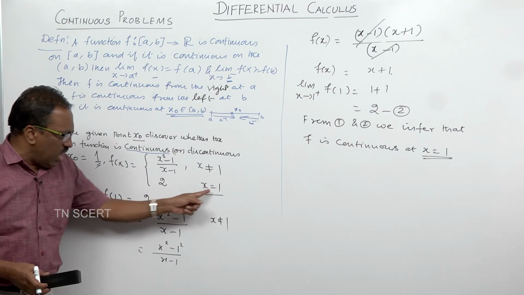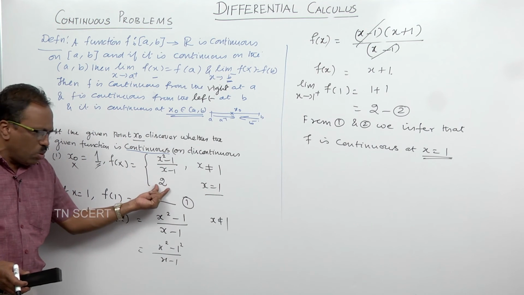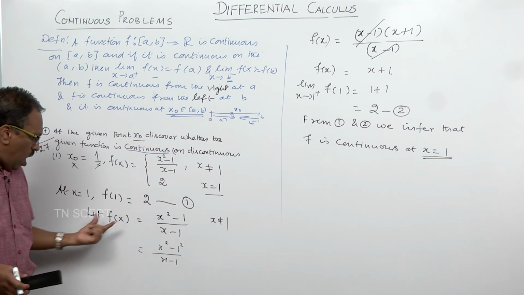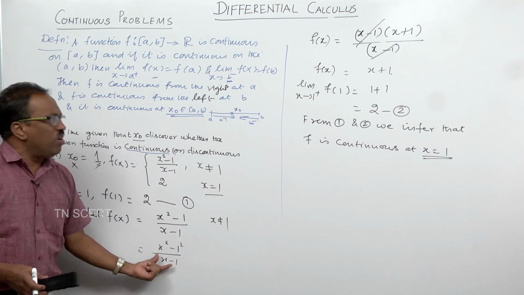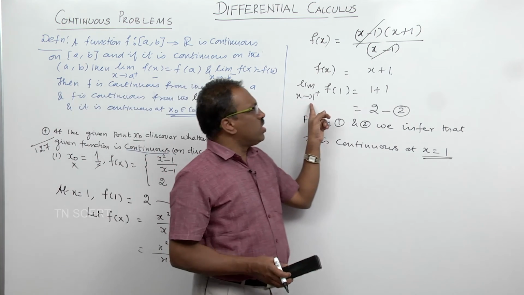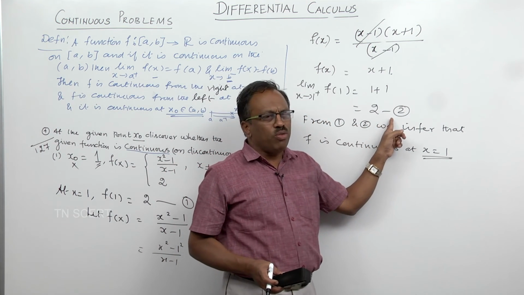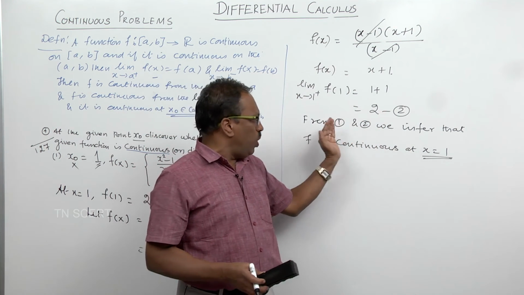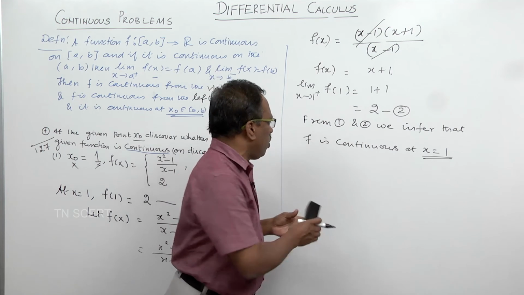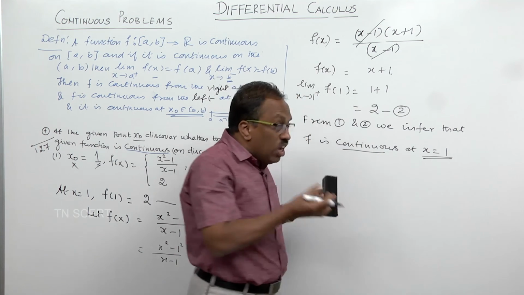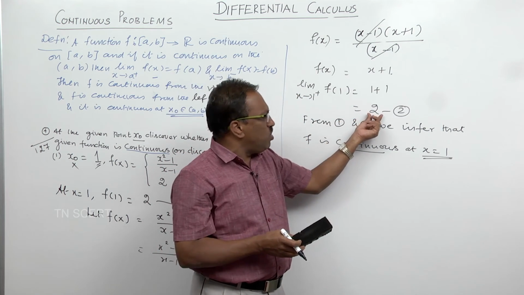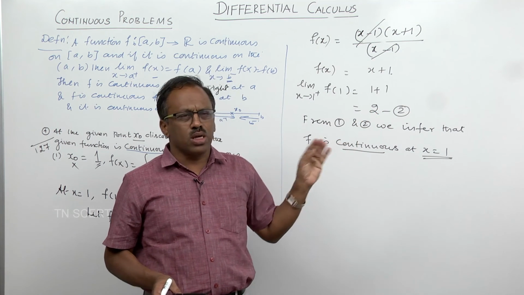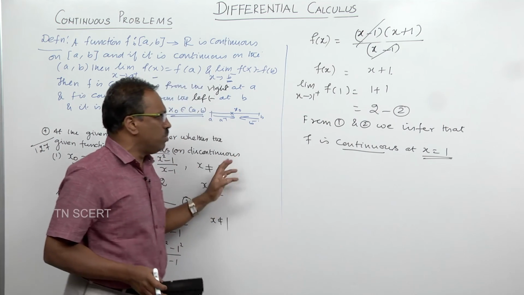See, given that at x is equal to 1 the value is 2, that is f of 1, and for f of x, the function, we substituted the value and found 2. So, by comparing 1 and 2 we have the same result, therefore f is continuous. If at all sometimes I am getting some other value other than 2, definitely this is discontinuous, but for this problem it is continuous.